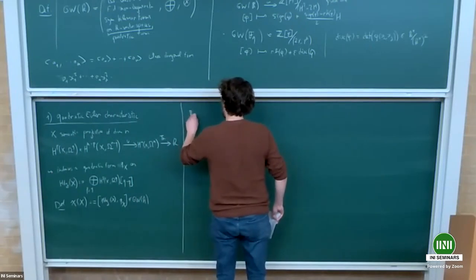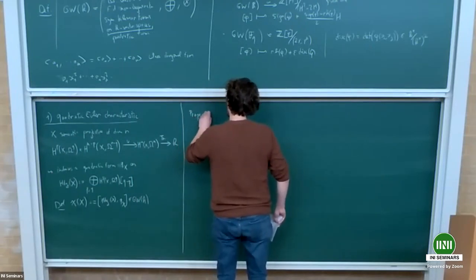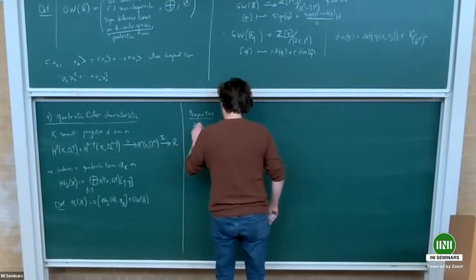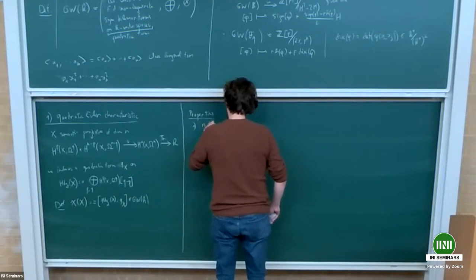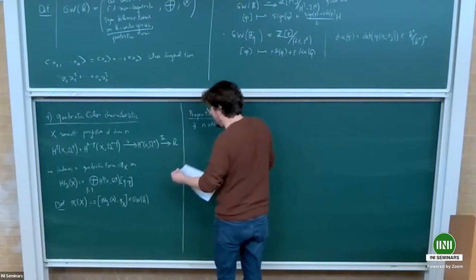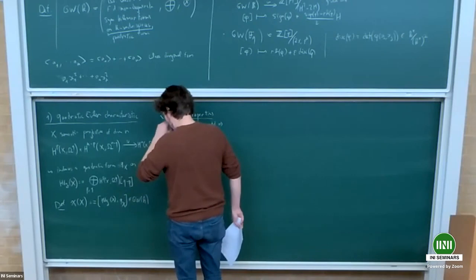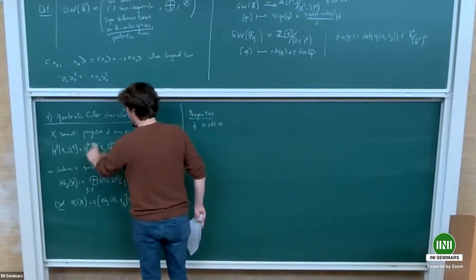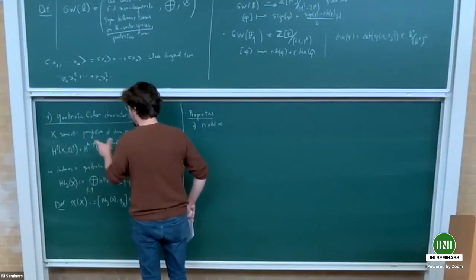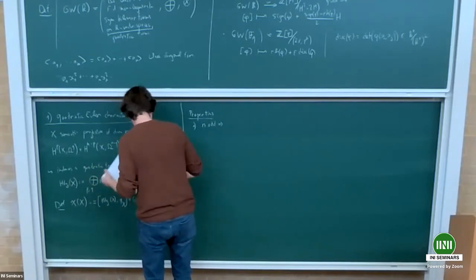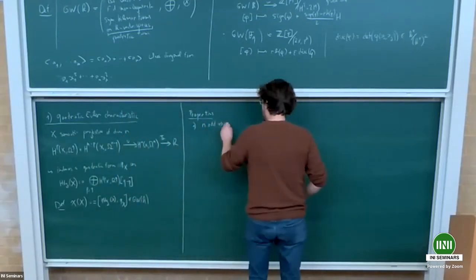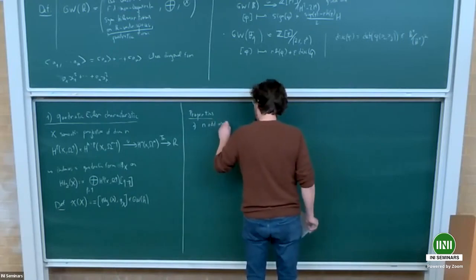So here are some properties of this construction. First of all, if n is odd, then as you see, there's no form on any single Hodge cohomology group. They always pair up two by two, and that implies immediately that the form is hyperbolic.